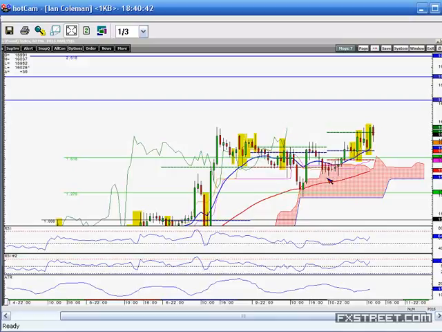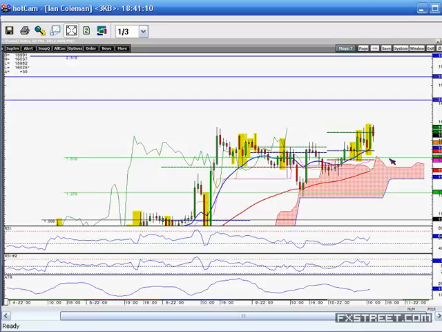I'll tell you where I bought the second unit this morning. I got one in at 159.69 yesterday, which is off here, and then one in at 160.18, which I think was around here. So trying to build the bias back up.